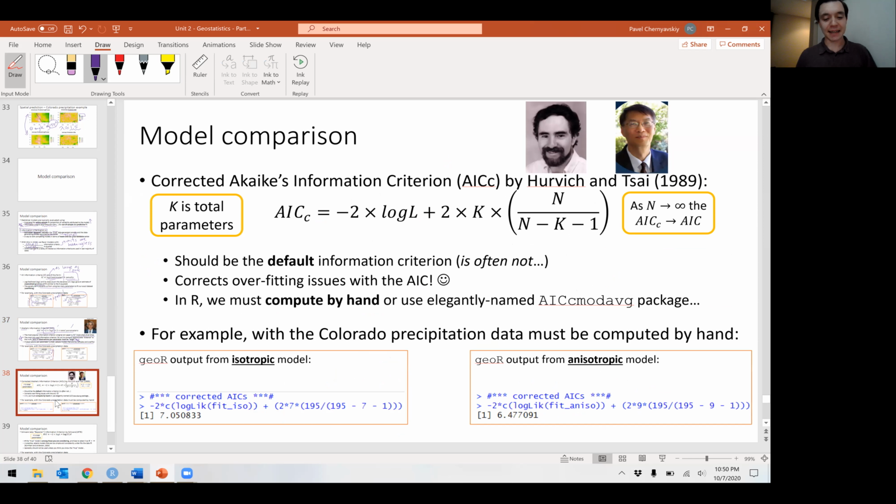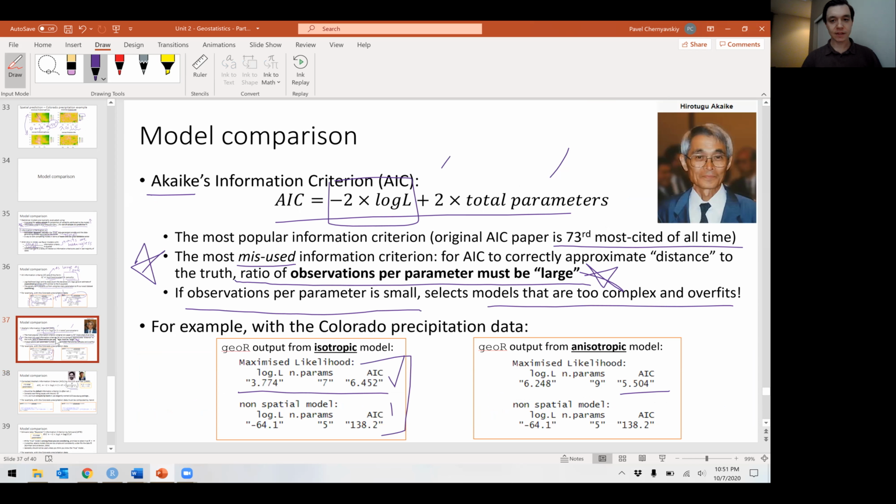In 1989, which would have been about 40 years after the original AIC was reported, Hurvich and Tsai came up with the corrected AIC. The corrected AIC incorporates n into the computation. The original AIC only depends on the log likelihood and how many parameters you have.